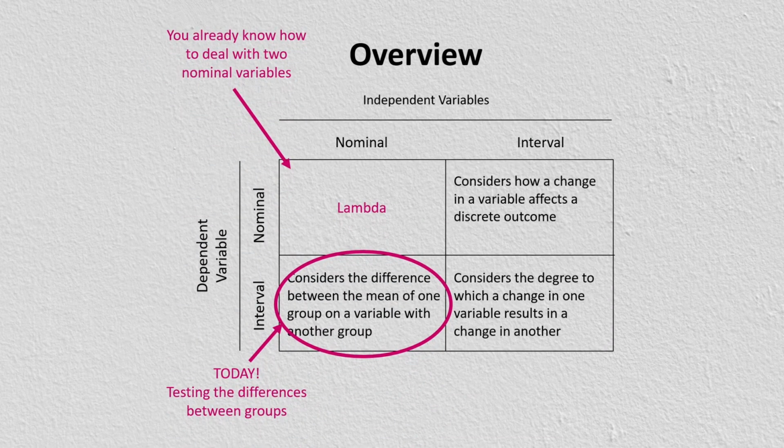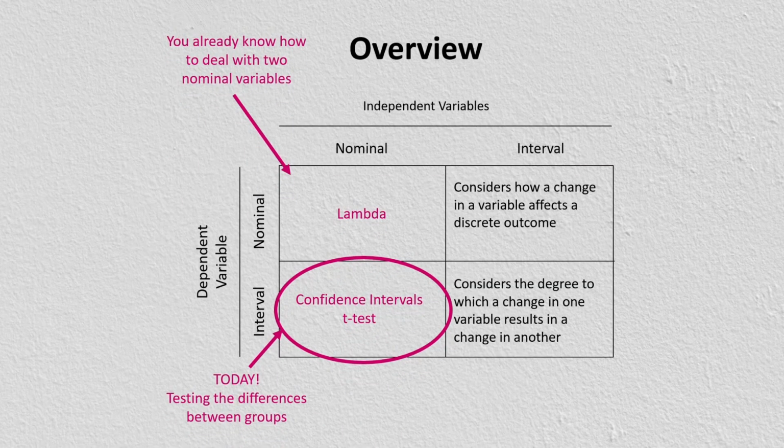If we are going to test the differences between two groups, that considers the difference between the mean of one group on a variable with another group, and one is interval, the other is nominal, then the T test is going to apply. We are going to talk more about all those things in the coming discussion, and we will see how the things change.